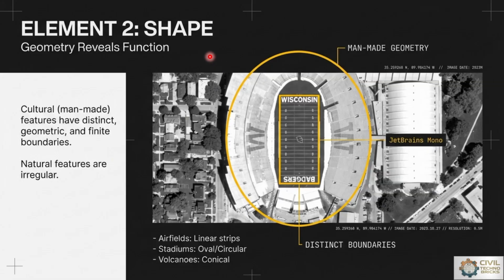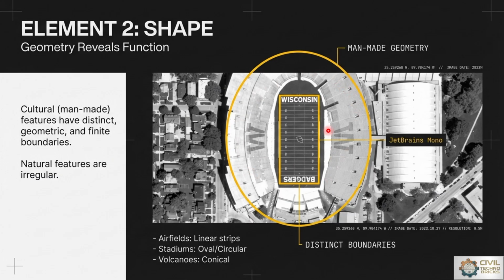The second element is shape, where geometry reveals function, which is related to man-made activity or man-made features. They have distinct geometric and finite boundaries, as shown in that image. This is the imagery, and with reference to it, we are targeting a stadium.